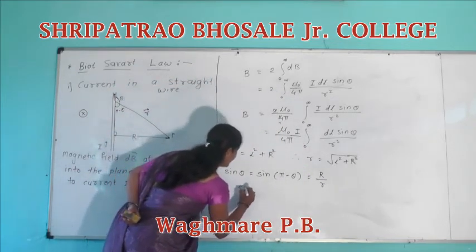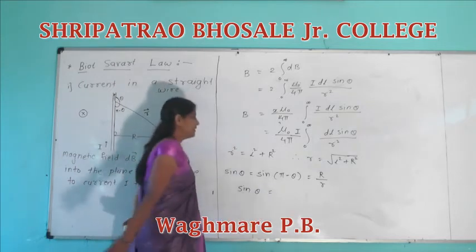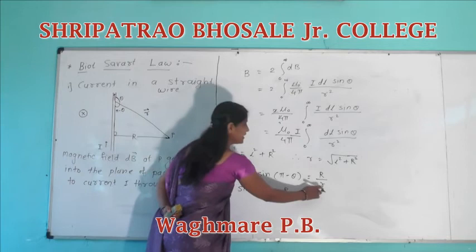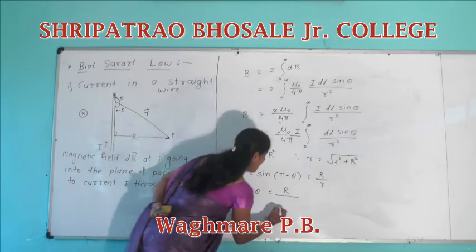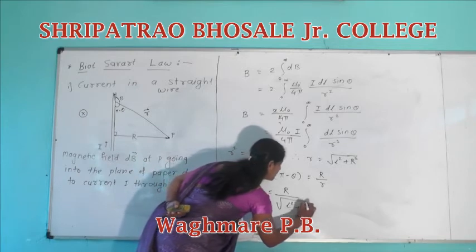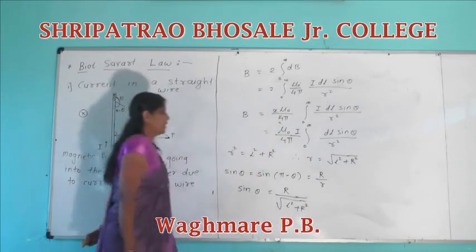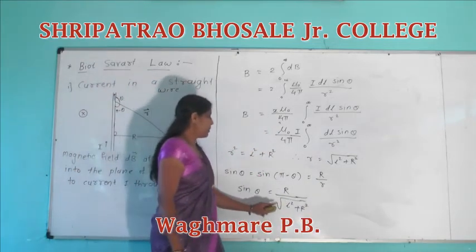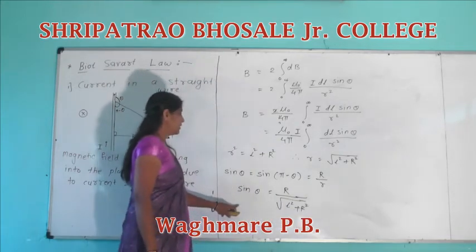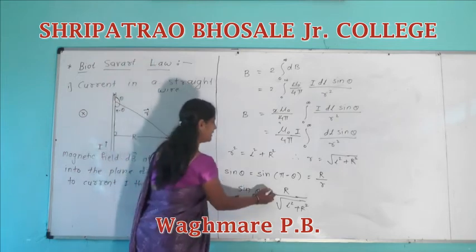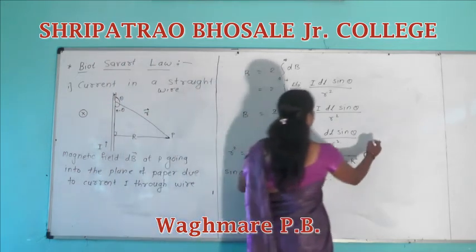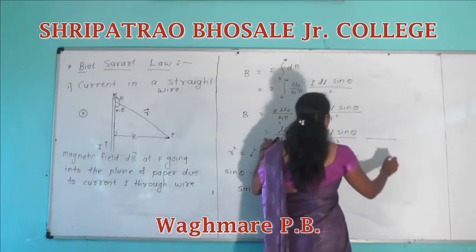Therefore, sin theta is equal to capital R upon under root of L square plus R square. We can say this is equation 1.